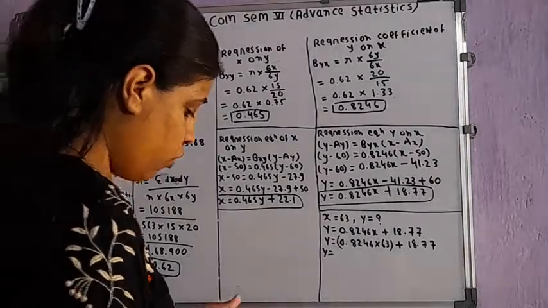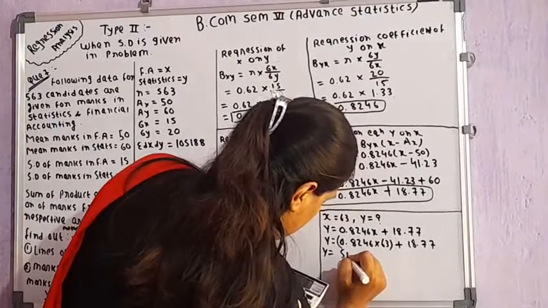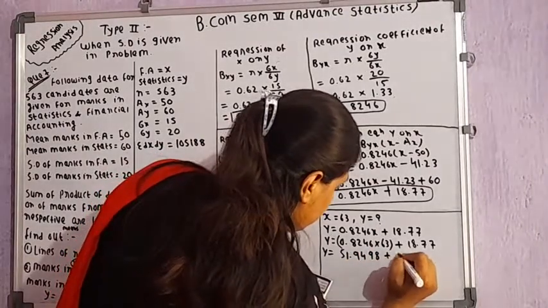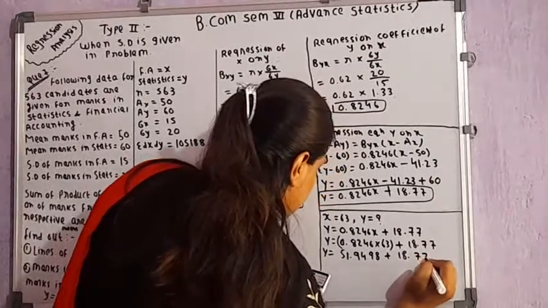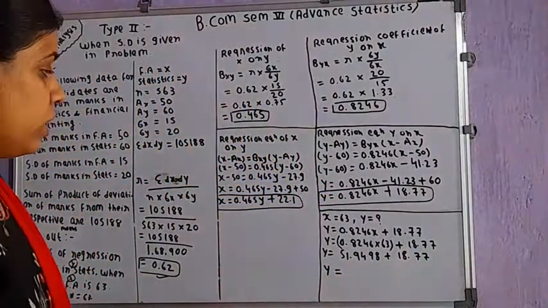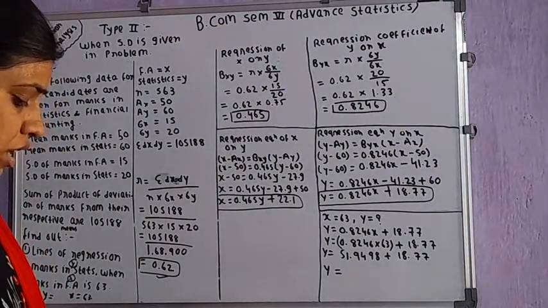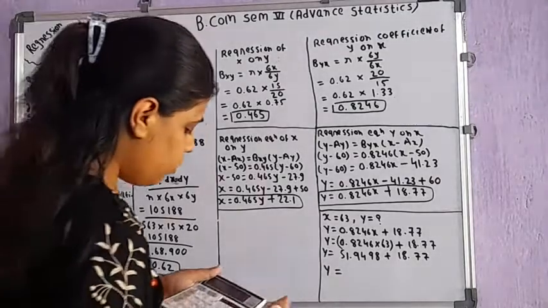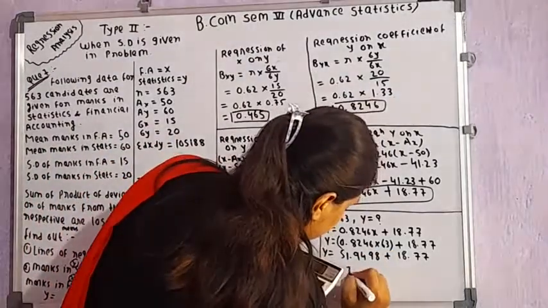It comes to 51.9498 plus 18.77, so it comes to 70.7198.